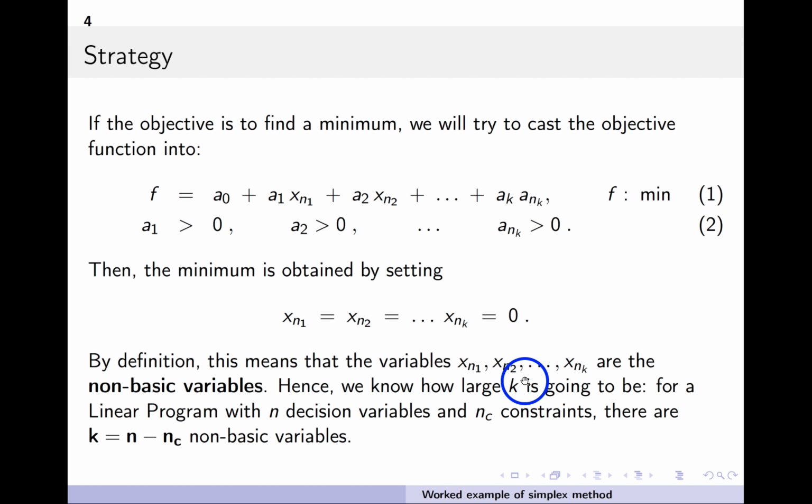We can compute how many non-basic variables there are by taking the number of decision variables minus the number of constraints. That tells us how many variables have to be set to 0.